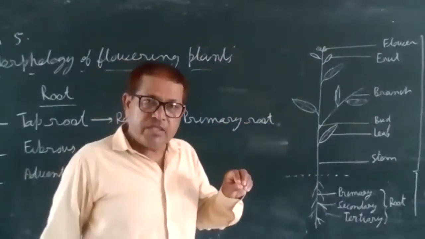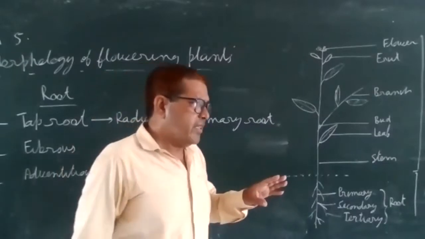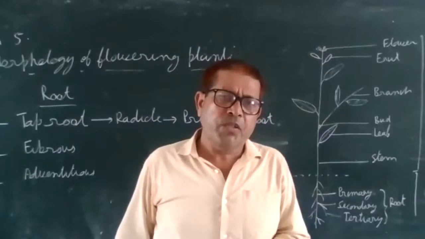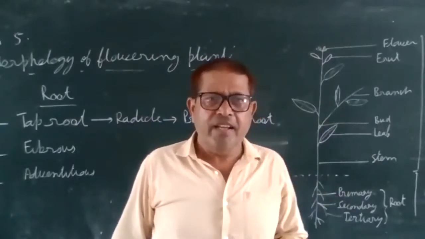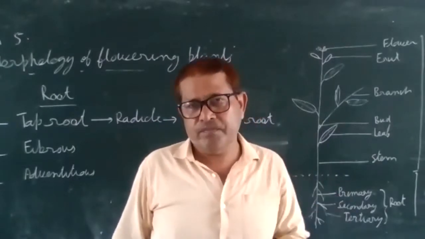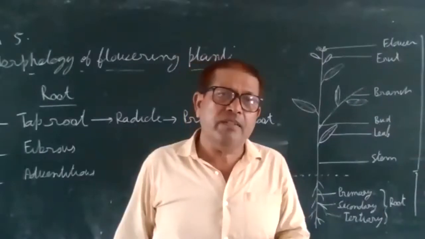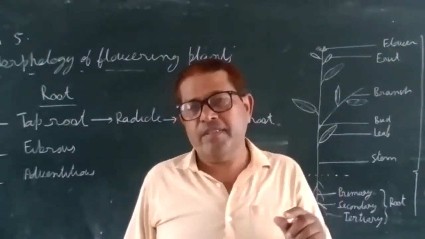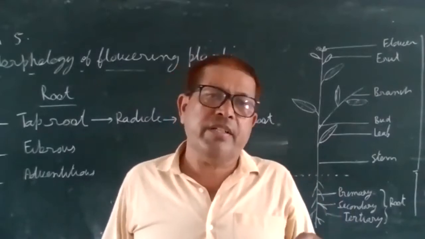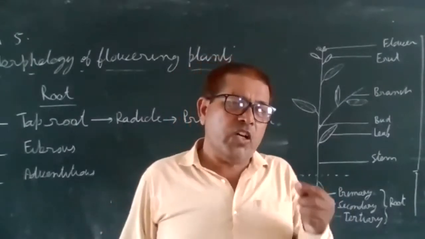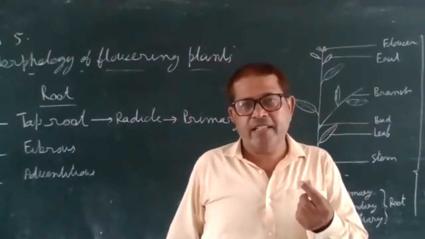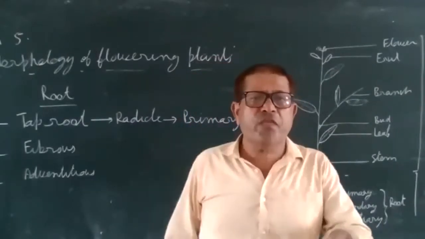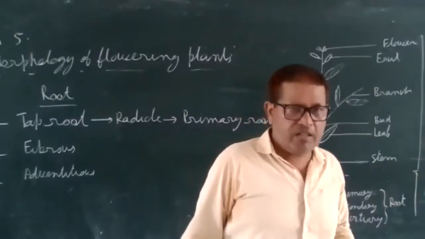Germination has two types: one is epigeal and the other is hypogeal. In the epigeal, the seeds germinate and the cotyledons come out from the soil.